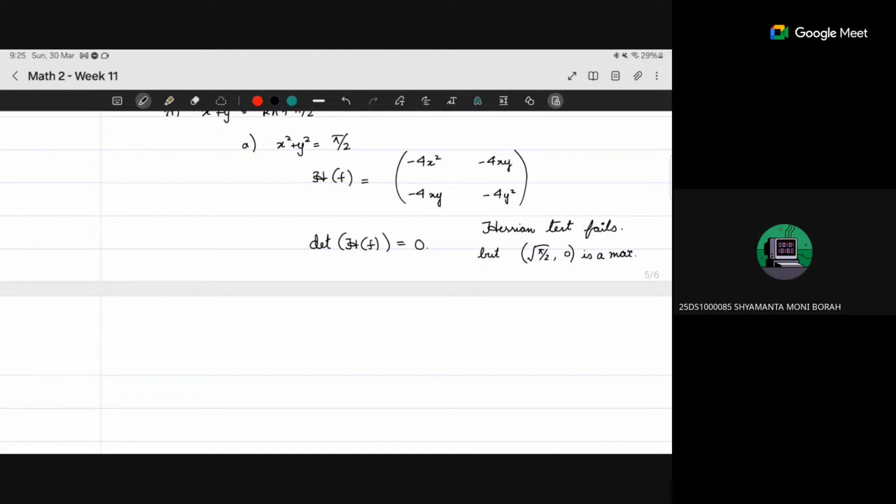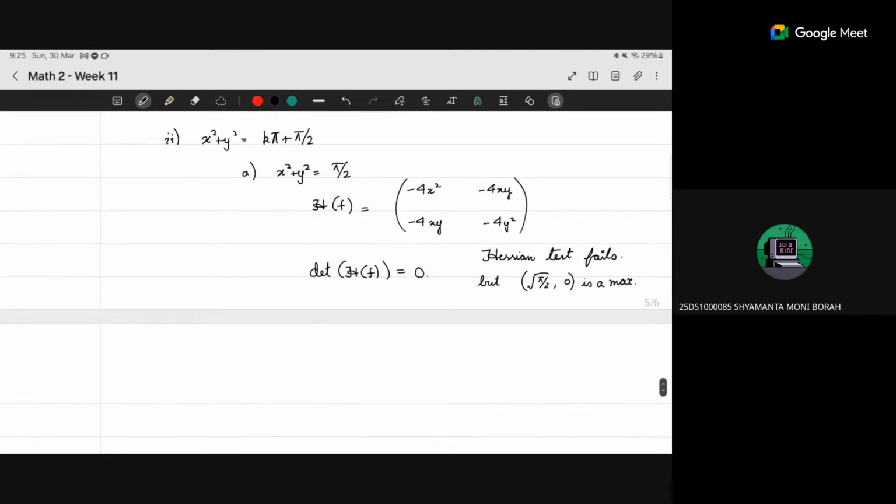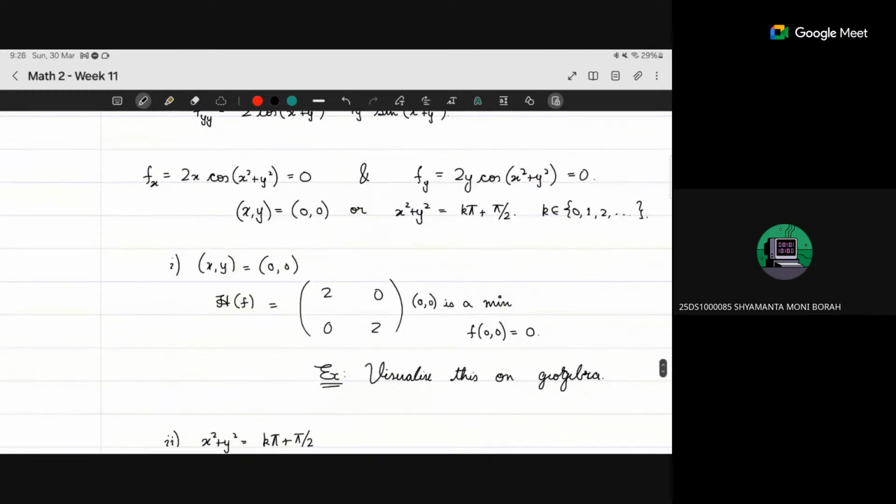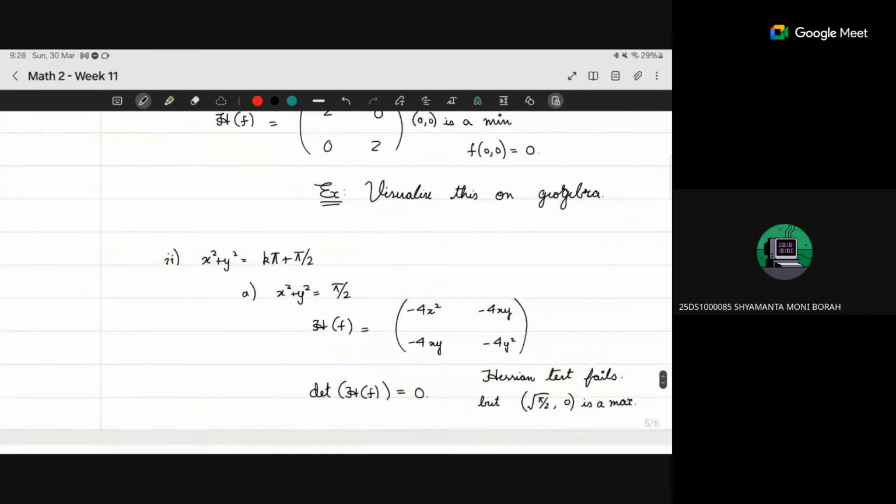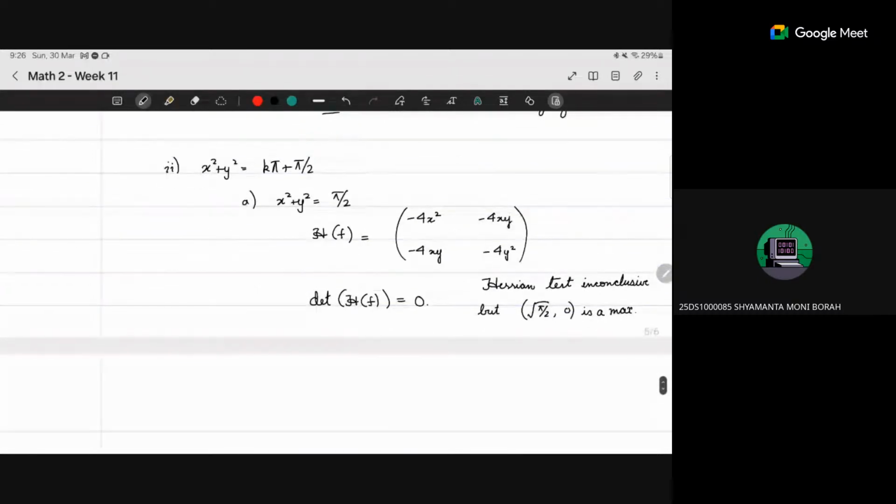So this is just an example where the Hessian test fails, or by fails, I mean it is inconclusive. It is better to say the Hessian test is inconclusive. But actually, this is a maximum. Any point on the circle x square plus y square equal to pi by 2 is a maximum.